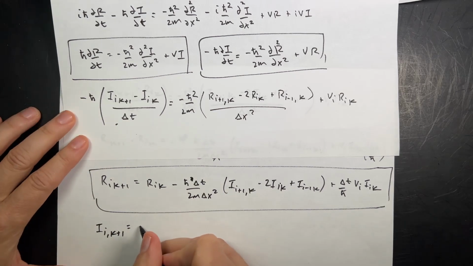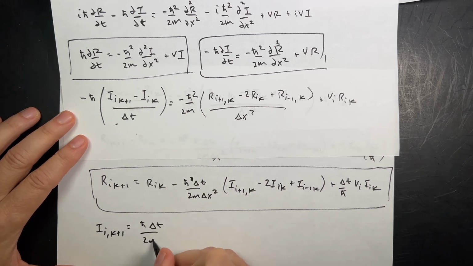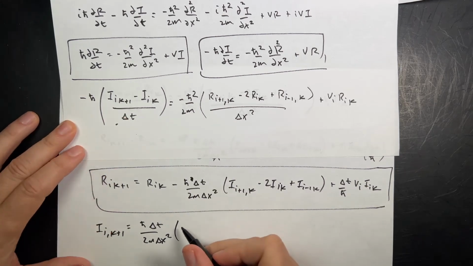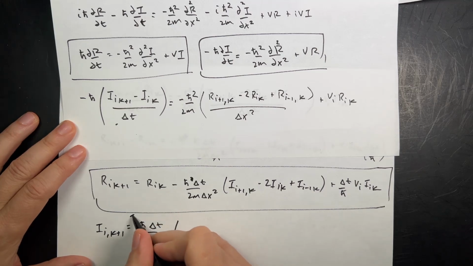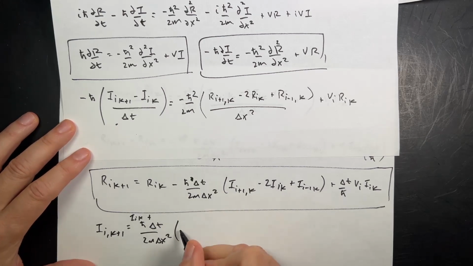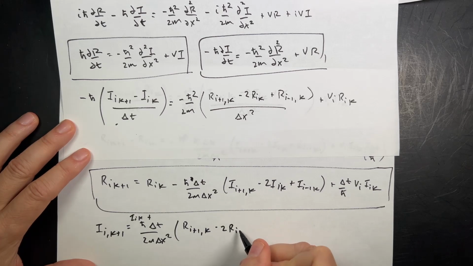So I get h bar delta t over 2m delta x squared times r_(i+1)^k minus 2 r_i^k plus r_(i-1)^k.